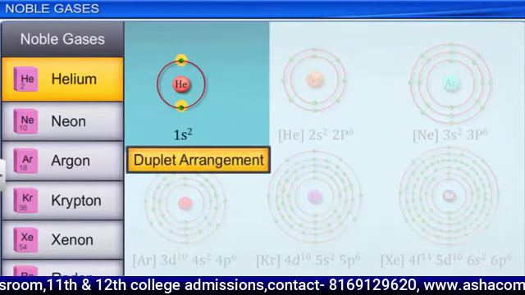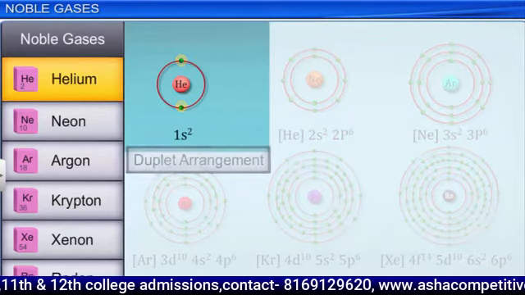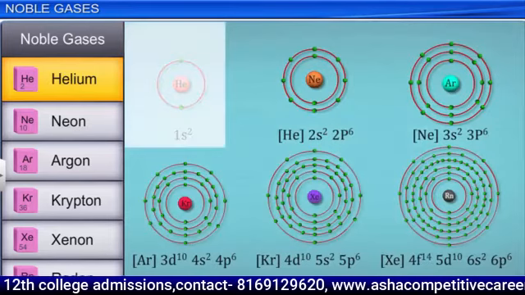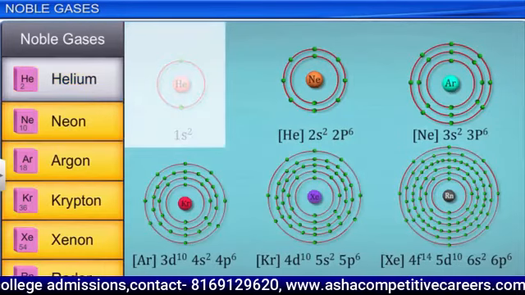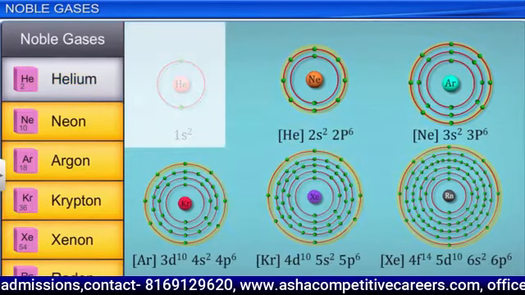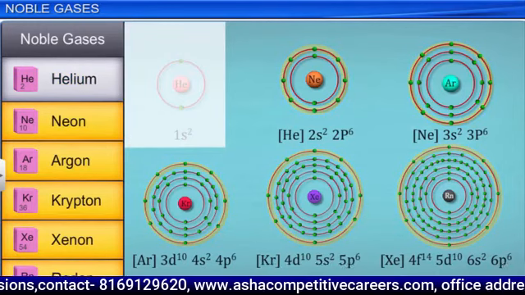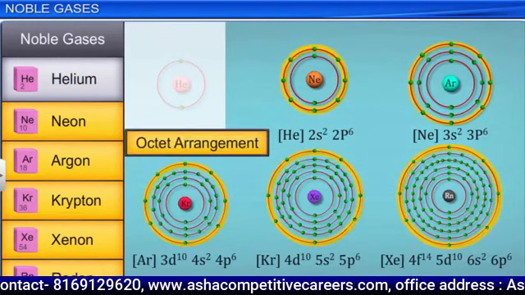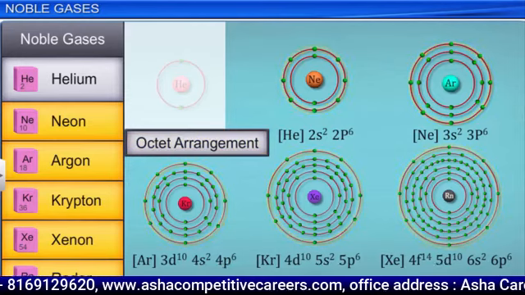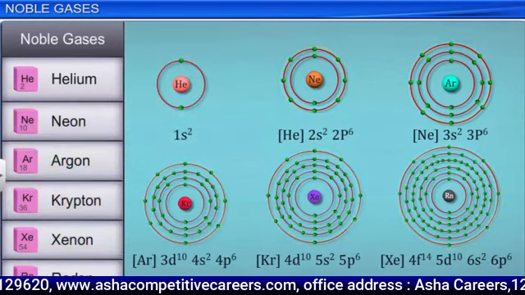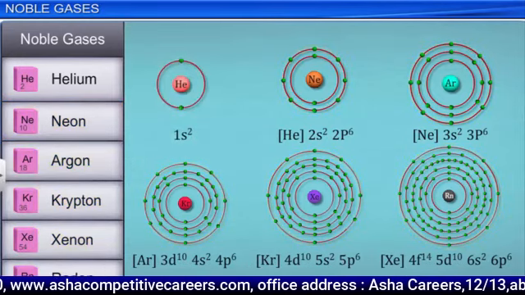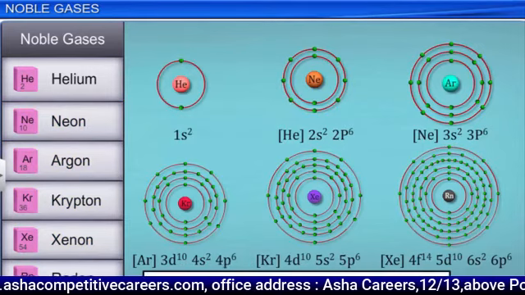This arrangement is known as duplet. On the other hand, neon and other noble gases have 8 electrons in their outermost shell. This arrangement is known as octet. It is because of this duplet and octet arrangement that the noble gases are unreactive in nature.